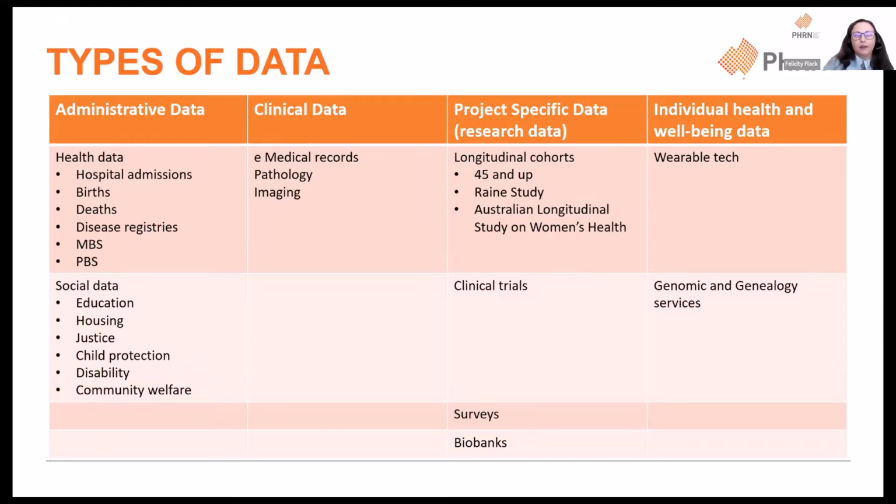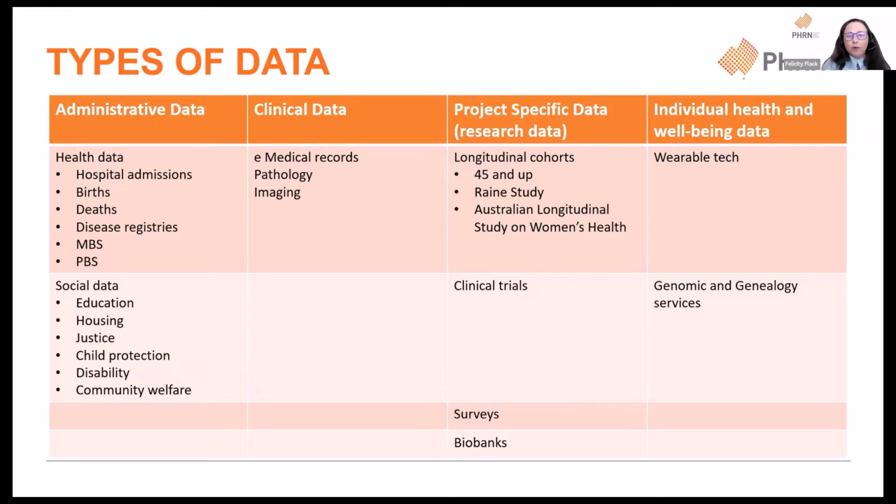So you can link data to see, for example, whether they went to hospital five years after the trial ended. I've mentioned surveys already. And of course, biobanks: you can also link biobank data to administrative data, and that can give you much richer data to do research on.